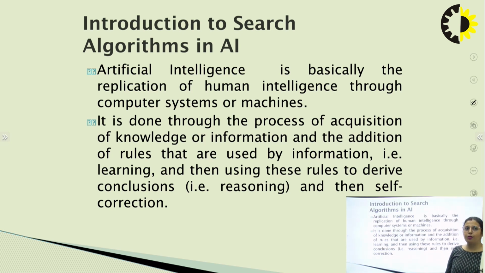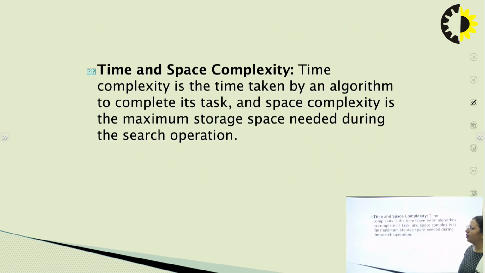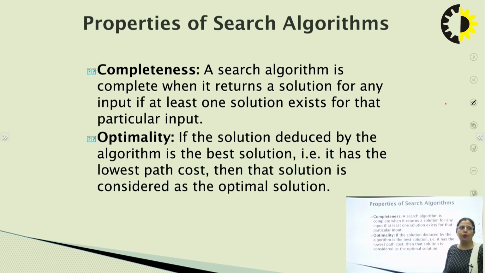It is done through the acquisition of knowledge and information, along with rules that we use while learning, and using those rules to derive a conclusion, and then we have to correct ourselves in those cases.